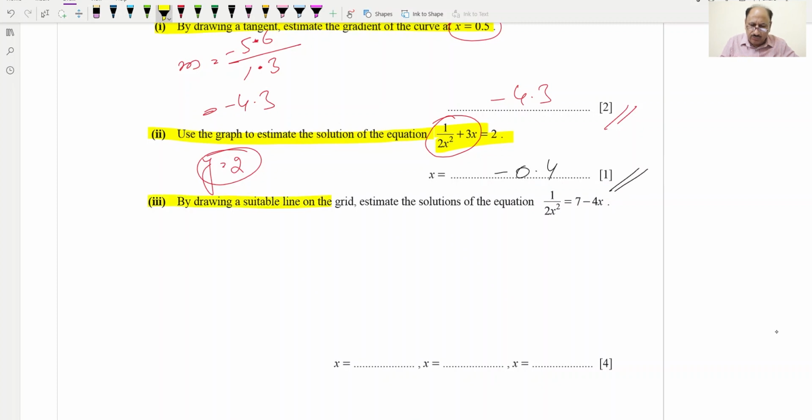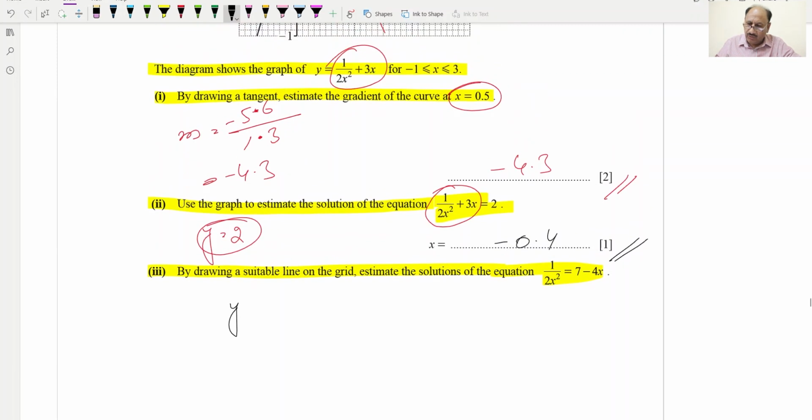Then by drawing a suitable line on the grid, estimate the solution of this equation. Now for this equation, what we can do: 1 by 2x is equal to this one. So y is equal to 1 by 2x squared plus 3x.